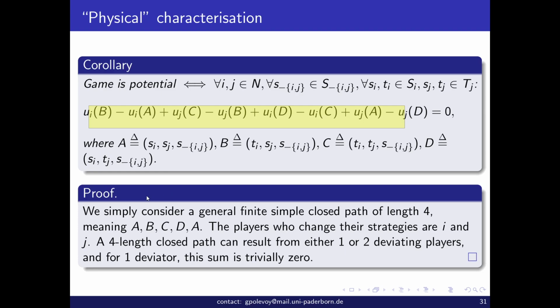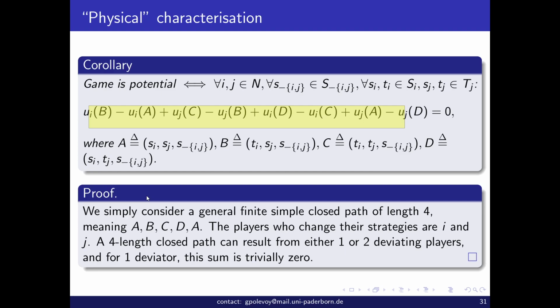And even to understand this, it's easier to look at the proof. We simply consider, as the theorem said, a general finite simple closed path of length 4, which, as we have proven, is equivalent to being a potential game. So we denote this path as A, B, C, D, A. Now the players who change their strategies, denote them by I and J, and that's how we get to this characterization.